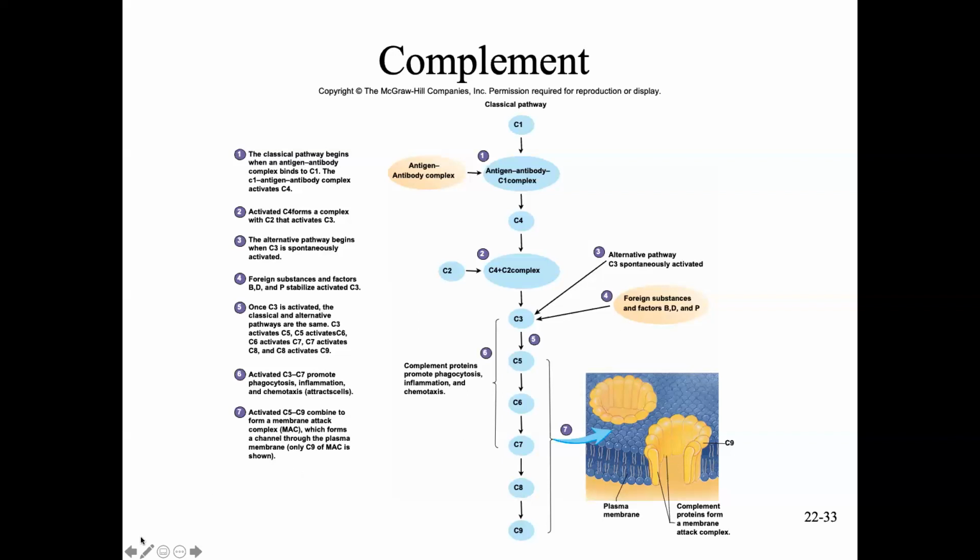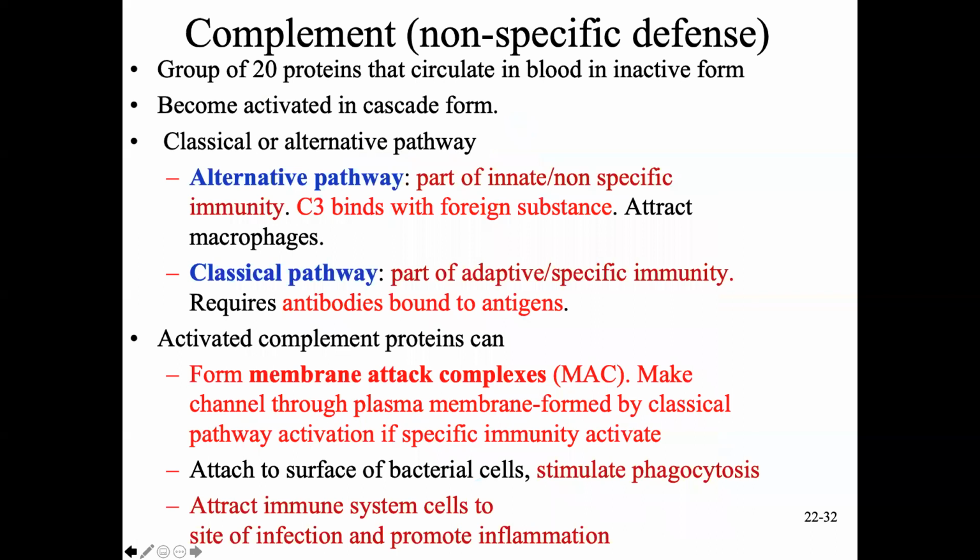So one of the things it does is puncture the microbe and the infected cell, so then you can get rid of it by forming this membrane attack complex. They make channels through the plasma membrane, formed by classical pathway activation if specific immunity is activated. So we have membrane attack complex, right, activated by the classical pathway.